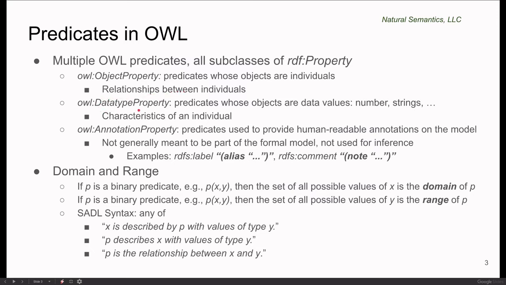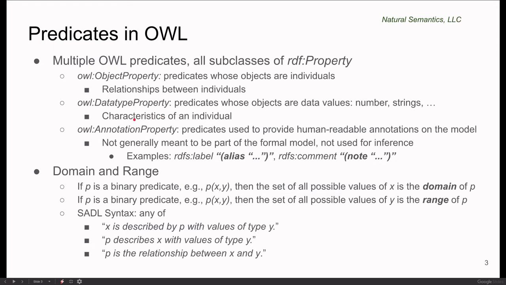The OWL data type property is a set of predicates whose objects are data values, numbers, strings, etc. And we might say therefore that OWL data property identifies the characteristics of an individual.